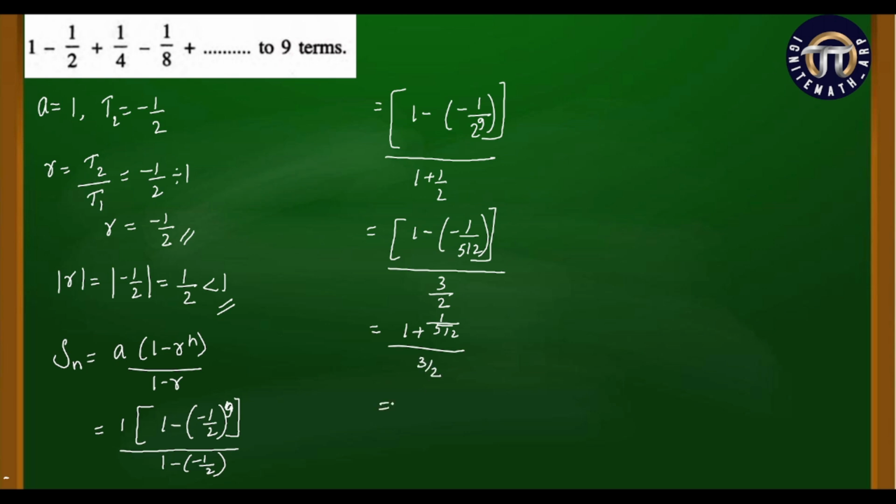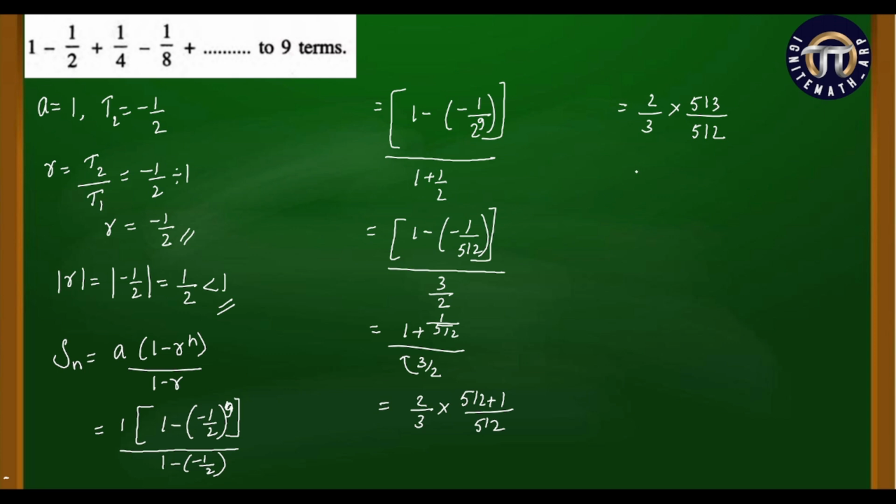So later when I take the LCM and simplify, if this is taken to the numerator, this becomes 2 by 3 into 512 plus 1 by 512. So that is going to be 2 by 3 into 513 divided by 512. Clear, children?